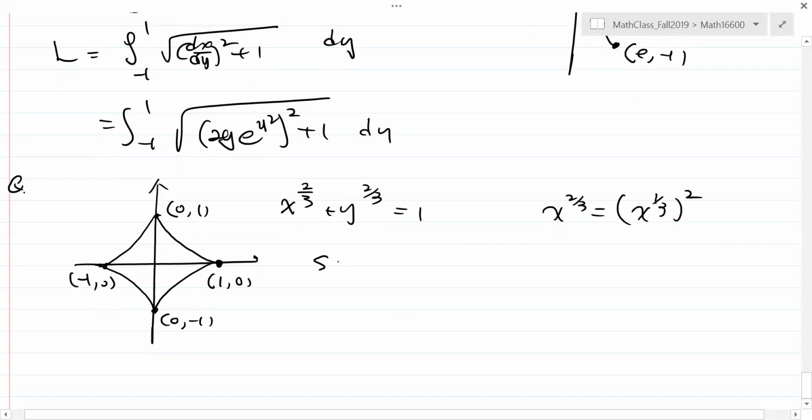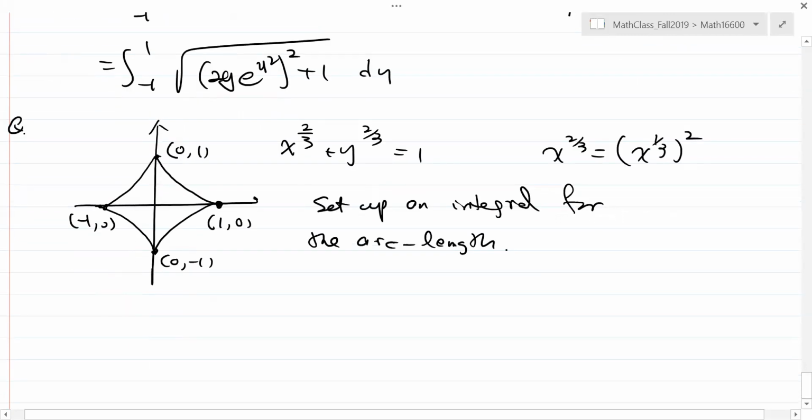Let's say set up an integral for the arc length. I just need to set up an integral for one piece. It's symmetric, so the length is equal to 4 times the integral, right?